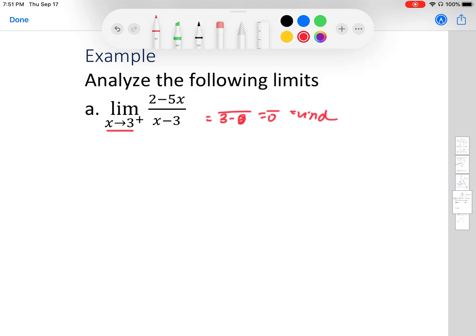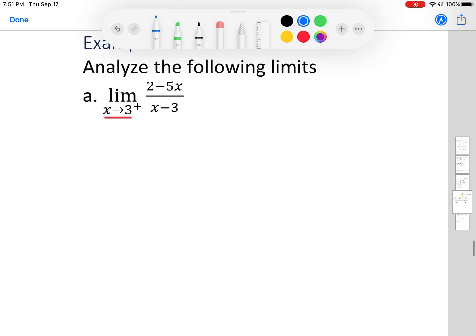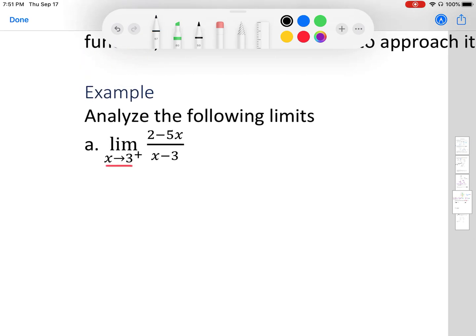So how can we take a look at our graph coming from the right? All right, well, I can't pick 3, but, so for this, I could draw a quick little number line. I can't pick 3, but I can pick a number that's maybe slightly larger. How about 3.1?